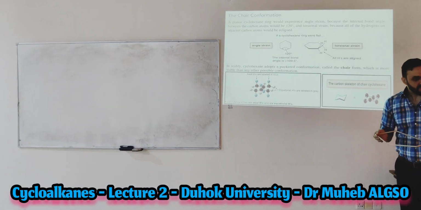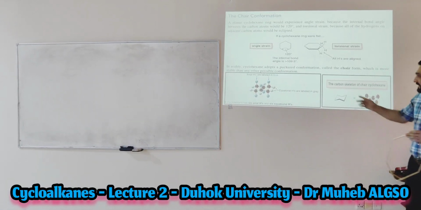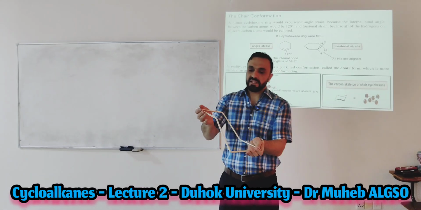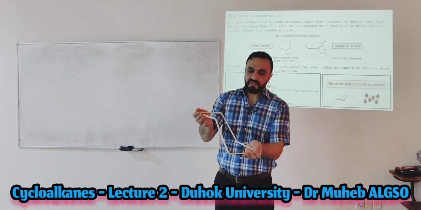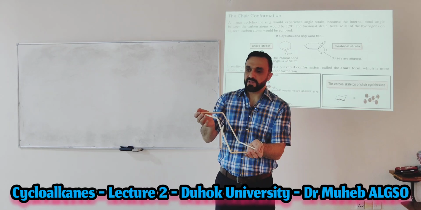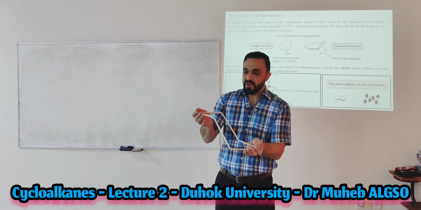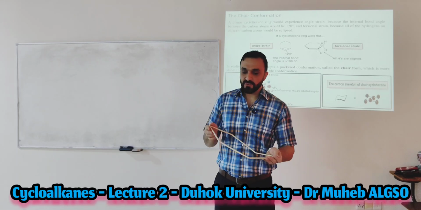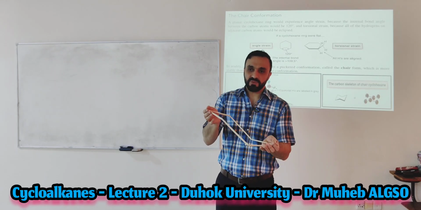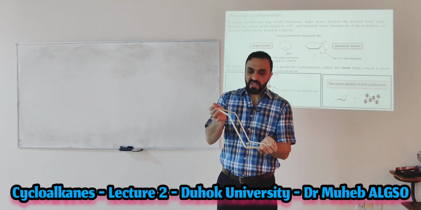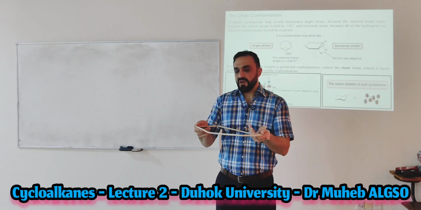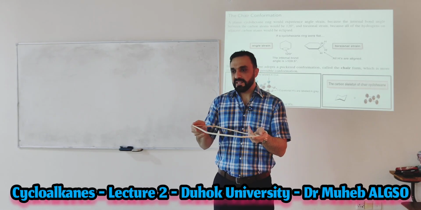So, in the chair form, I say to you, the angle here will be 109, equal to the value in the tetrahedral figure. Also, the hydrogens here, this hydrogen and this hydrogen, will be staggered to each other, not eclipsed. In the planar cyclohexane, all the hydrogens are eclipsed to each other.